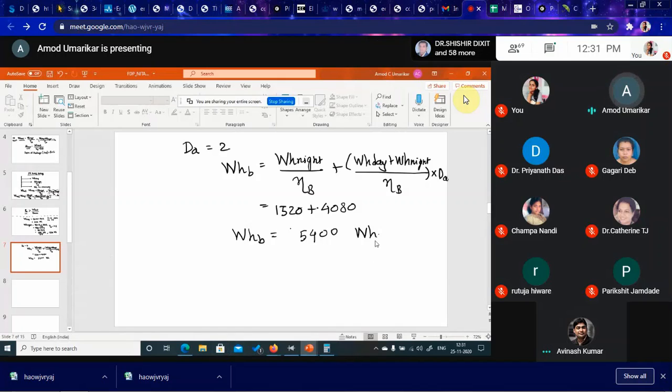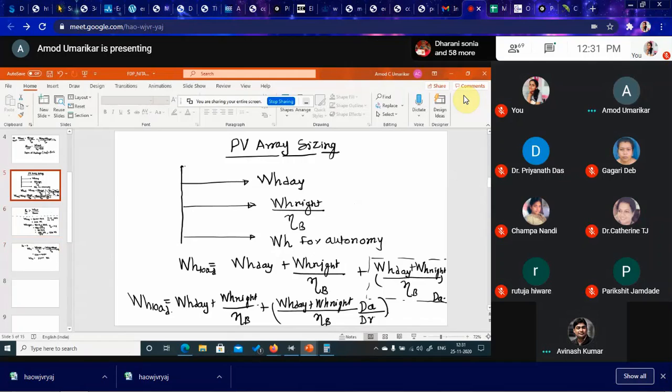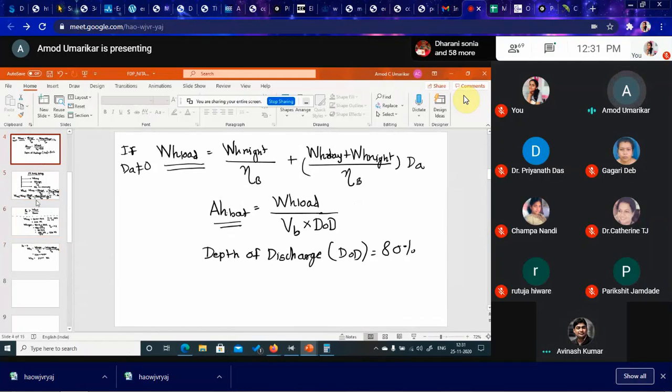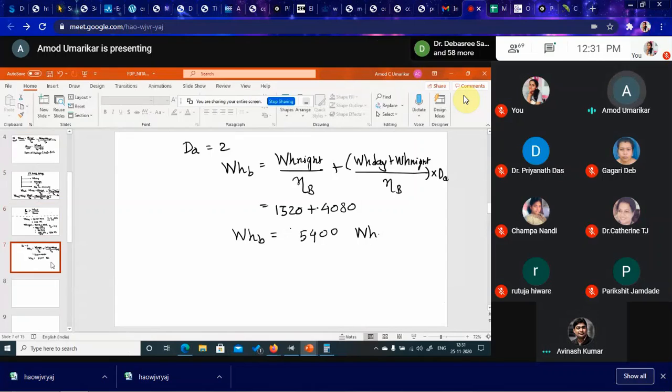So this is 5400 watt hour. Okay. Now what next? PV array sizing. We have now found out the battery, though not completely. Now let us say that there is a 24 volt battery and a DOD of 0.8.